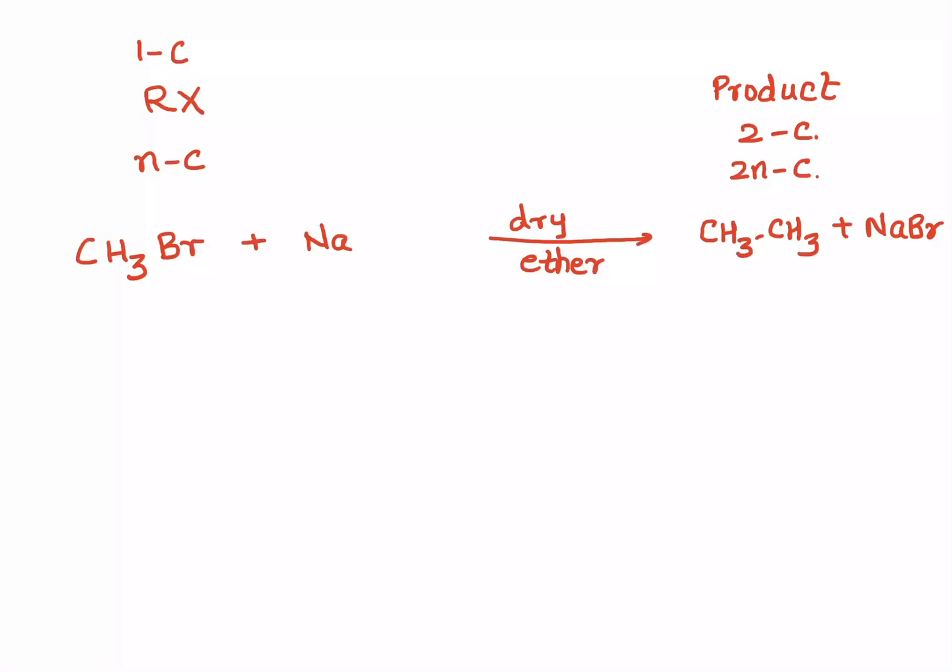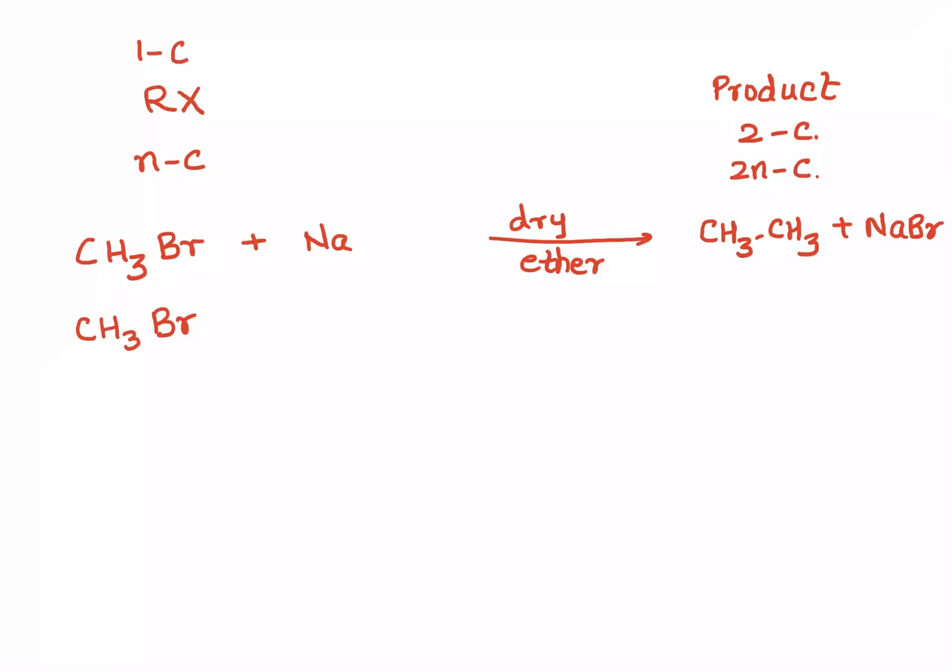Now students usually find it a little difficult to remember. So what do we tell them is, okay, write two molecules of bromomethane, CH3Br, CH3Br. Do we put a line between them? No, we don't put a line between them. This is not one molecule.